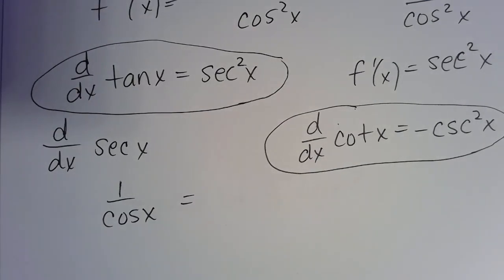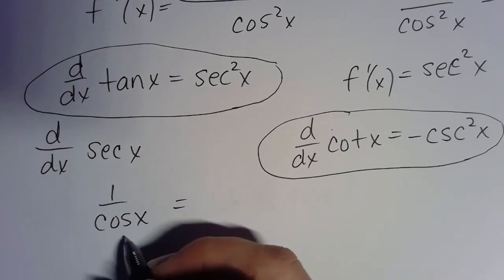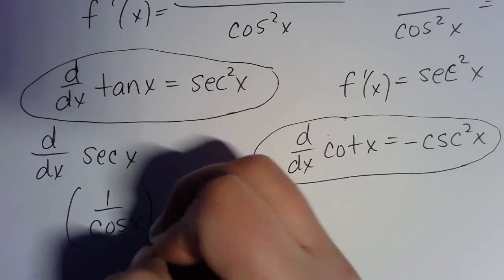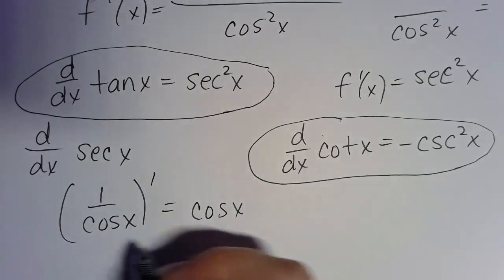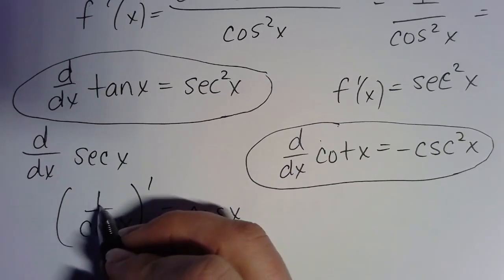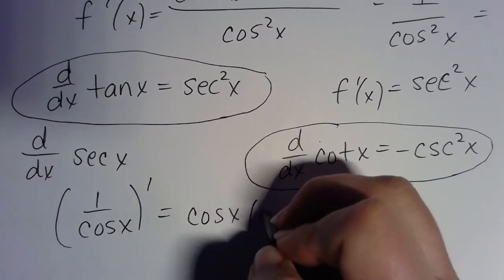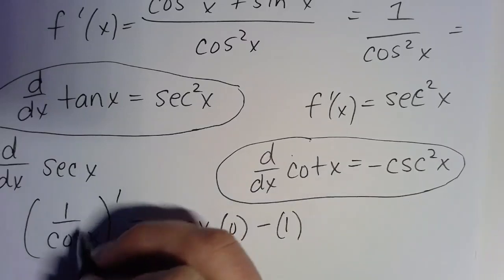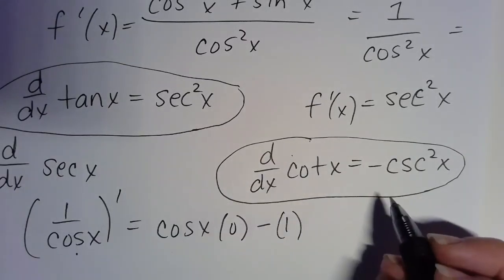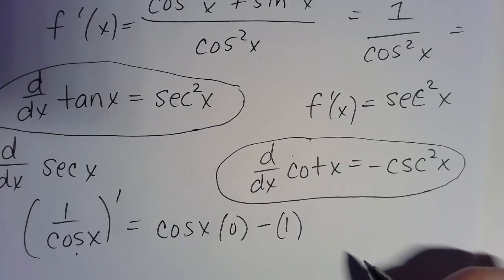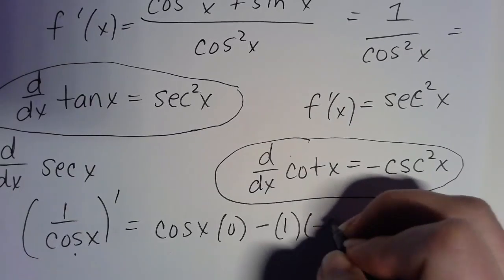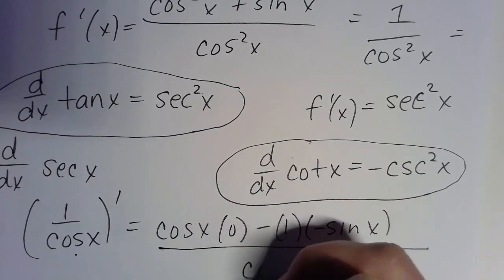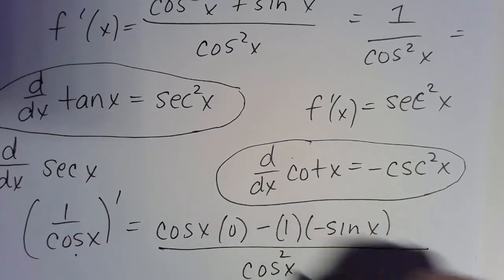And so that means I'm going to have the bottom, which is the cosine of x, times the derivative of the top, which is 0 in this case, and then minus 1 times the derivative of cosine, which is negative sine, all over the bottom squared, which is cosine of x squared.